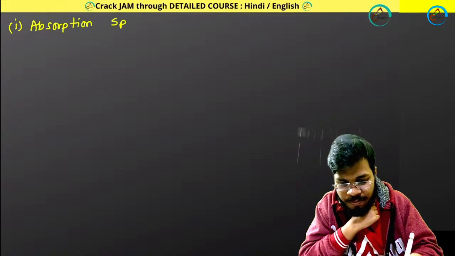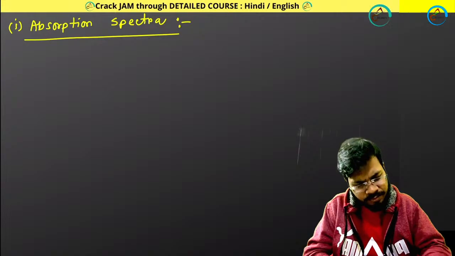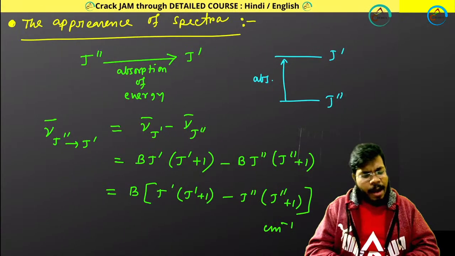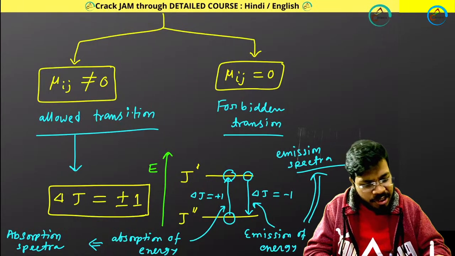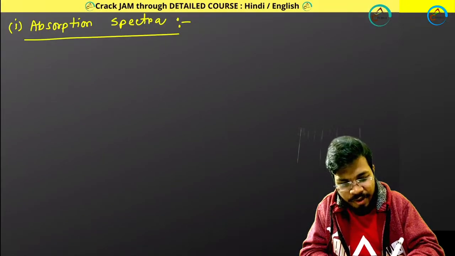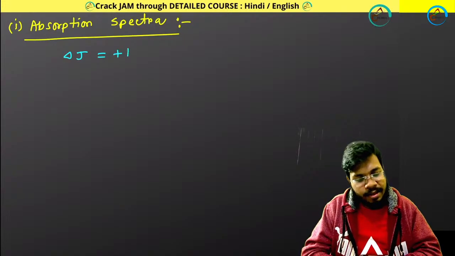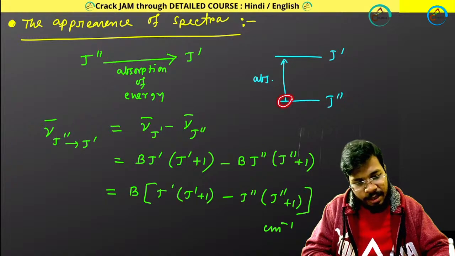In case of absorption, what will happen? I told you already, in case of absorption ΔJ will be plus 1.